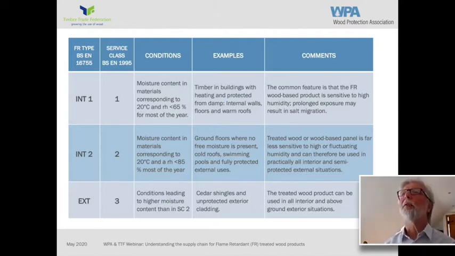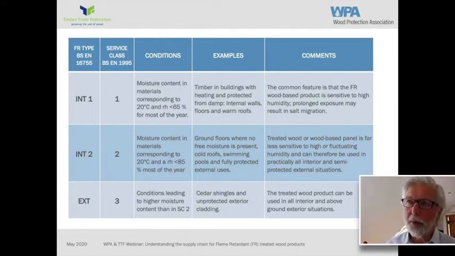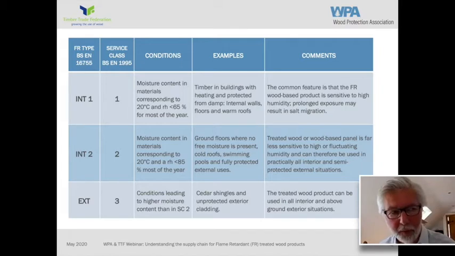So service classes are defined in BS EN 1995, and in another EN, 16755, this one looks at the durability of the flame retardant treatment. In other words, if you put the treated wood or treated sheet material into a particular service class environment in terms of exposure to leaching, weather, and so on, how long does it last?